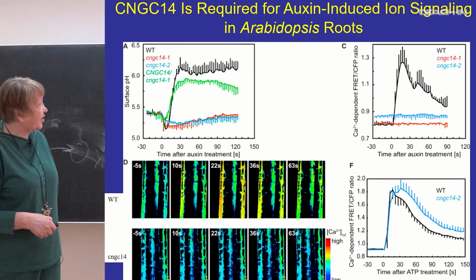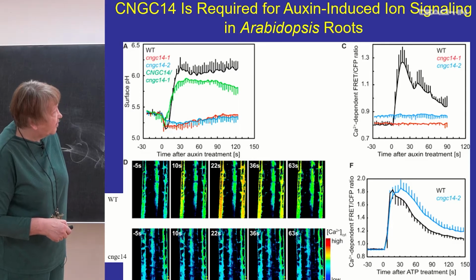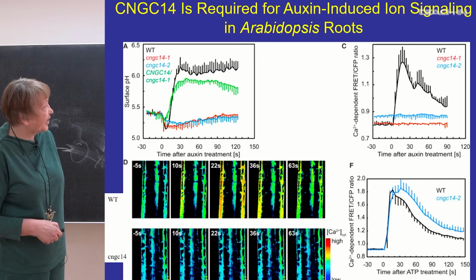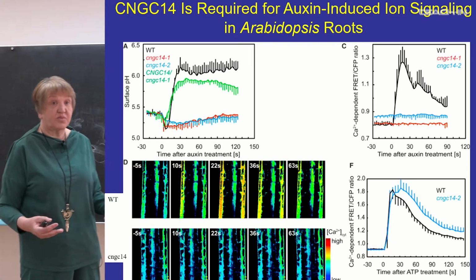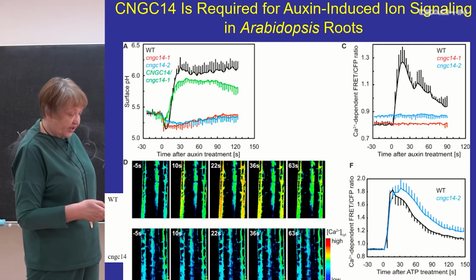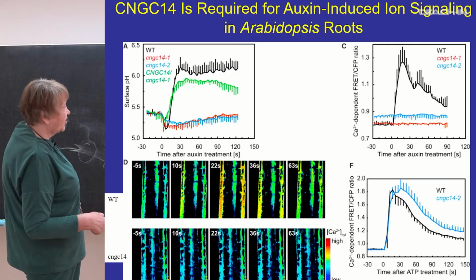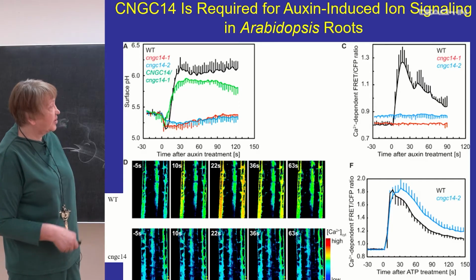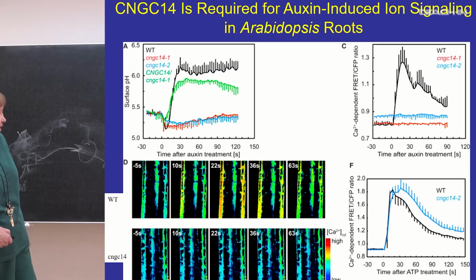And you see here on the y-axis, you see calcium-dependent FRET versus CFP ratio. So they don't calibrate. They don't tell you exactly how much cytoplasmic calcium increased, but they show you that it indeed increased, all right? Because the ratio changes, and you see that auxin induces this calcium increase, which is absent from the mutant.